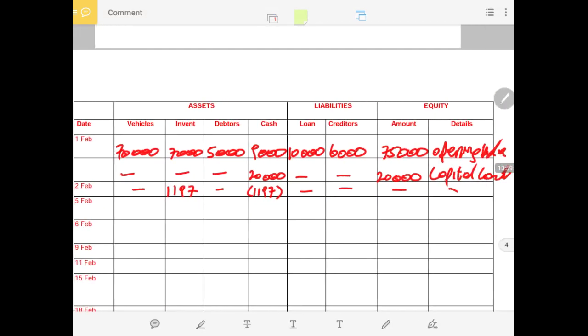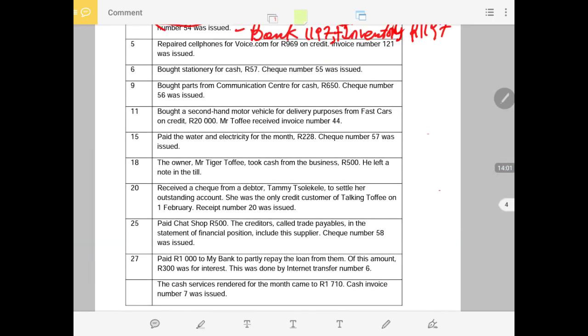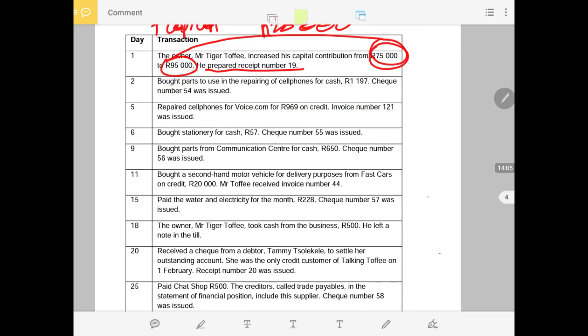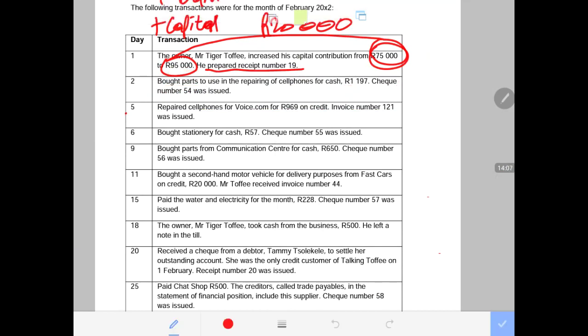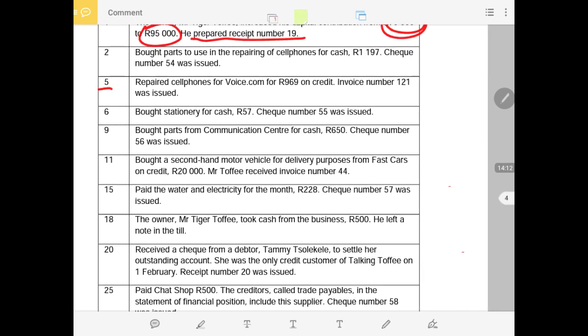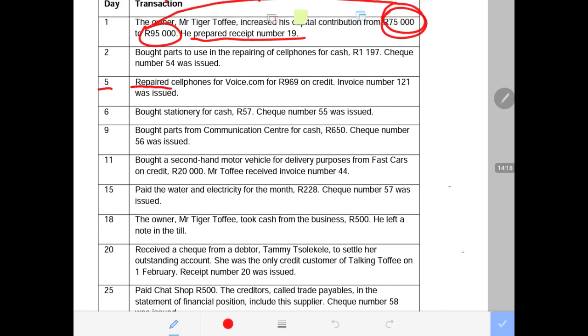Then now let us go to the next transaction and see what it has for us. It says on the 5th day of the month, we repaired cell phones for voice.com for 969 on credit. Invoice number 121 was issued.